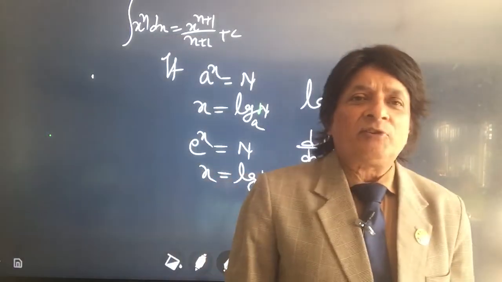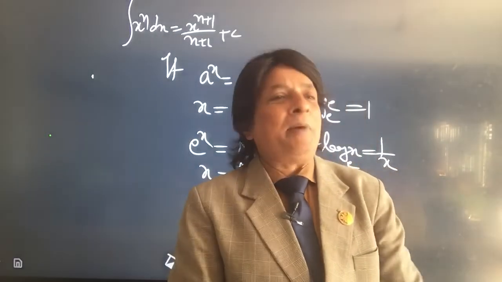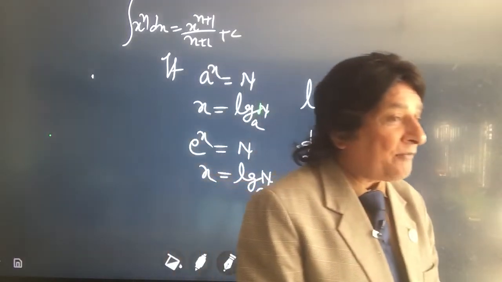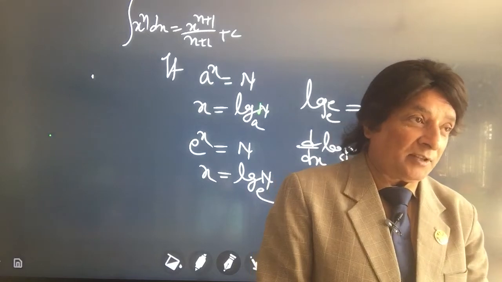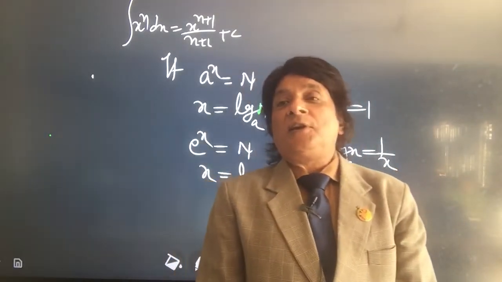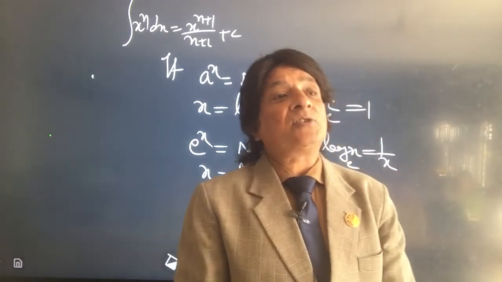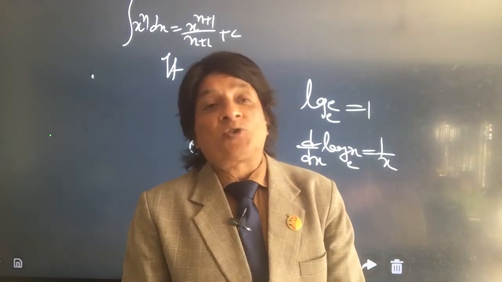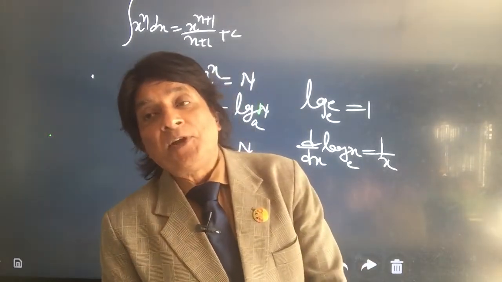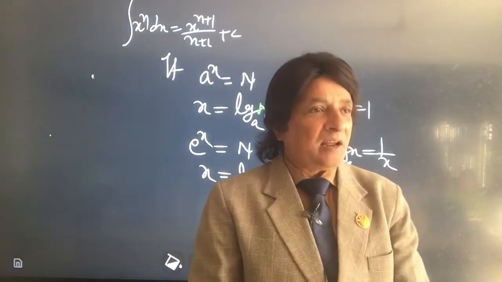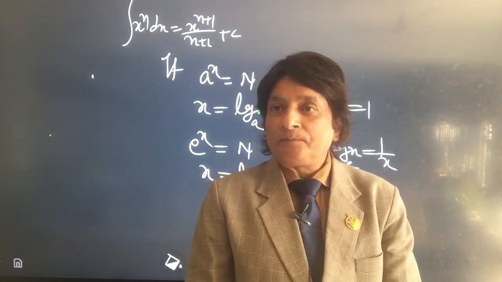For physics, we generally don't mention it if there is a proper limit, in case of a definite limit, we don't mention c. The integration of 1 upon x dx is log x, integration of sin x is minus cos x, integration of cos x is sin x, of course plus c will be there, right?